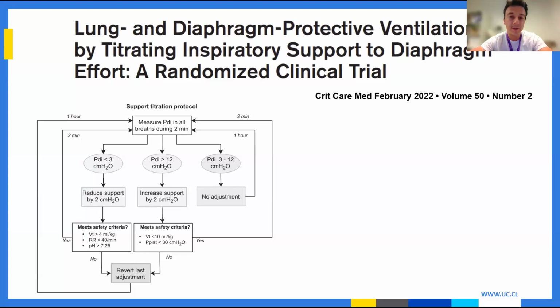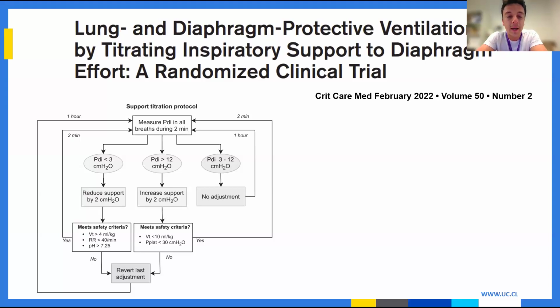Just to show you one example, there is some emerging evidence trying to test this kind of strategies to protect lung and diaphragm. Here, the authors tried to put some targets on the transdiaphragmatic pressure. They say our target is between 3 and 12.